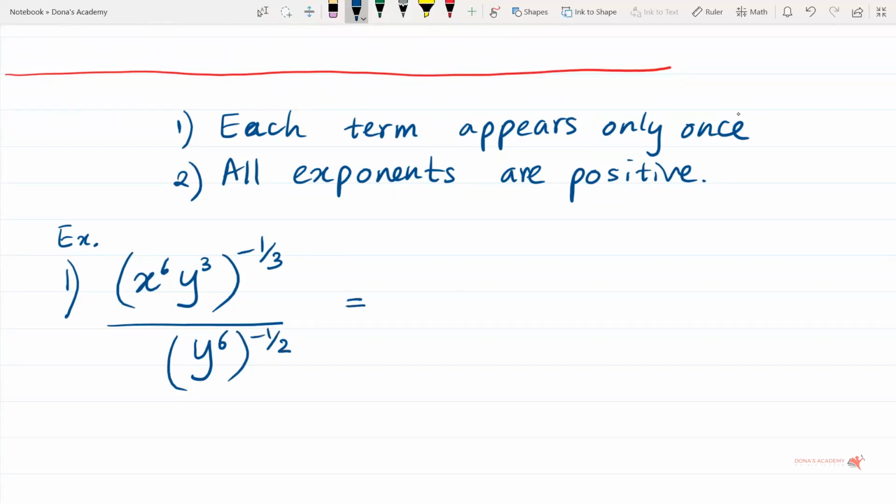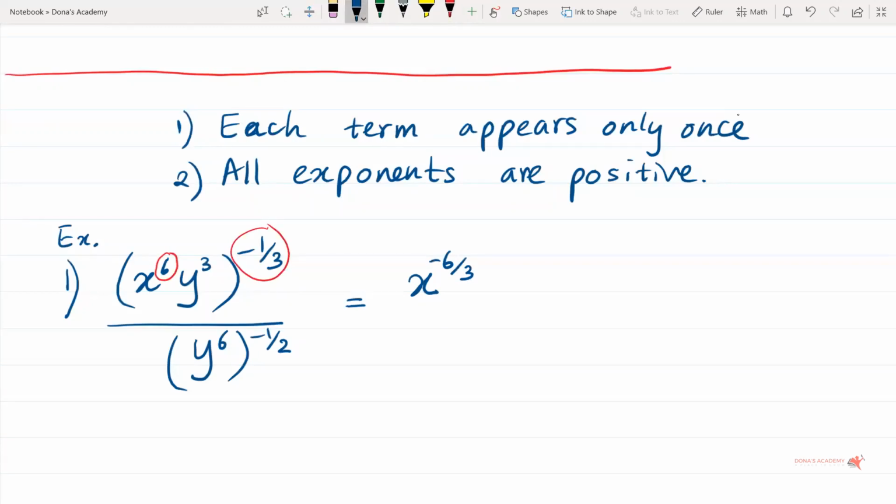I can use the same set of rules. You can use the power of a power rule and everything else. Then I get x to the power 6 times negative 1/3. Here I am multiplying this by this.